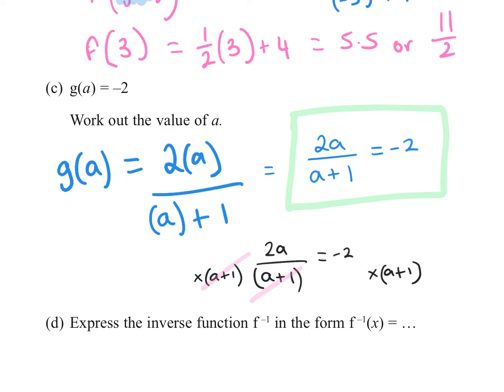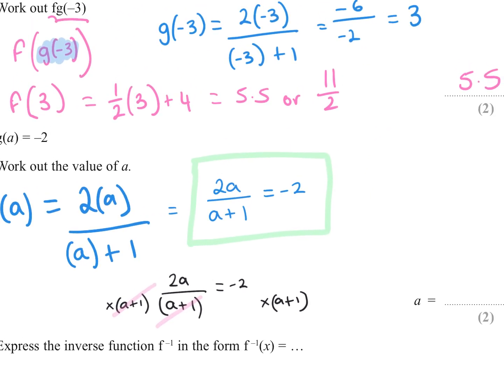And whatever I do to one side of the equation, I have to do to the other because I have to balance them, yeah? So then this becomes 2a equals minus 2 lots of a plus 1. That's our denominator. Now, some of the biggest mistakes people make here is when they multiply by this denominator, they don't put brackets. You can put brackets wherever you want, but remember that a plus 1 is one thing.